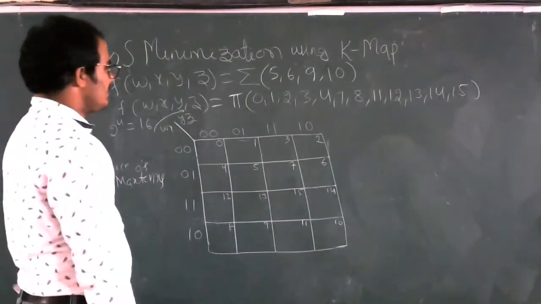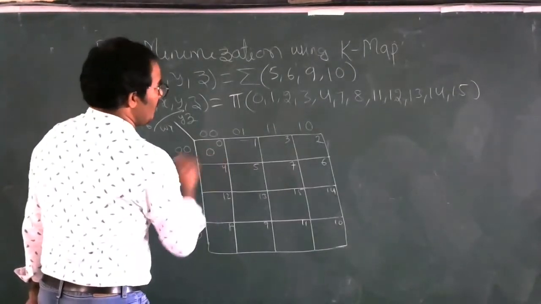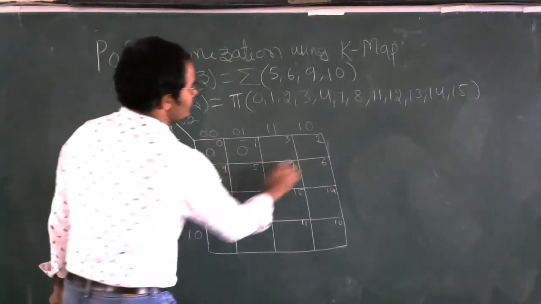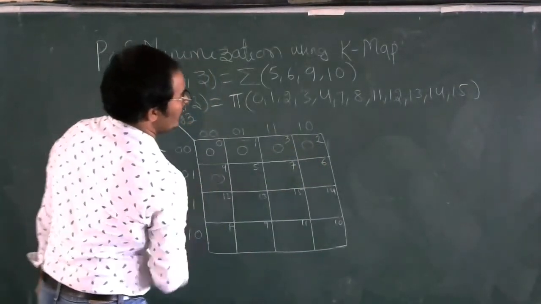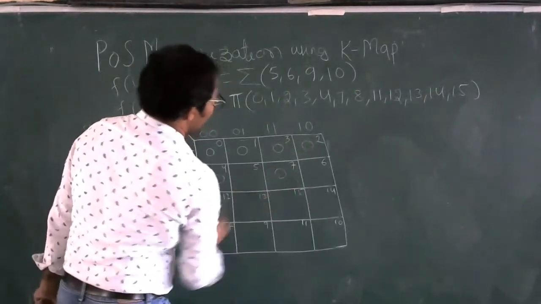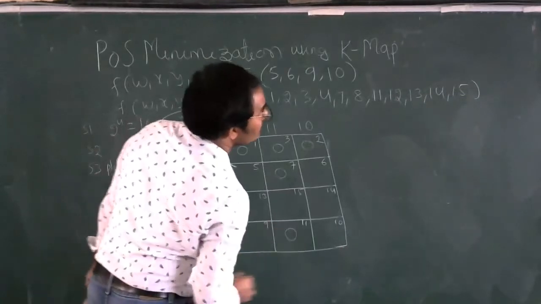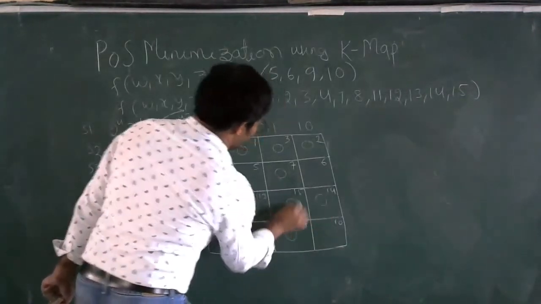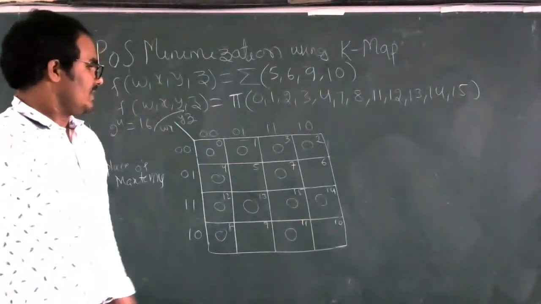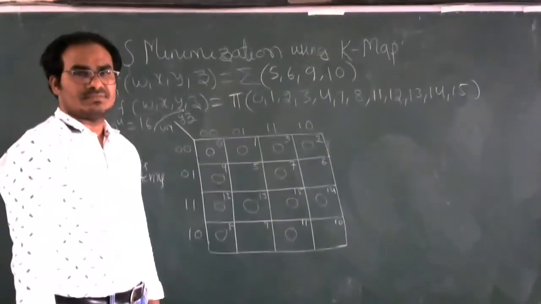So what are our maxterms from the given question? They are 0, 1, 2, 3, 4, 7, 8, 11, 12, 13, 14, 15.